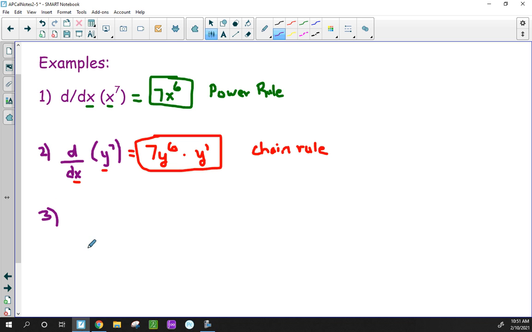Alright, example 3. Find the derivative with respect to x of 2x plus 4y.